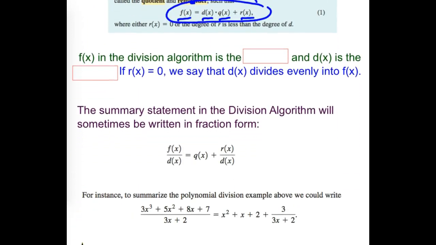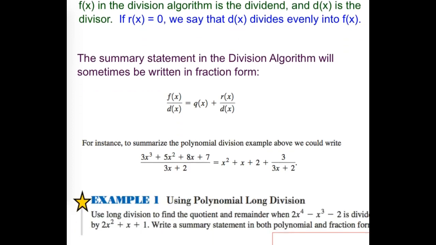All right. So it says f of x in the division algorithm is your dividend, and d of x is your divisor. If the remainder is 0, we say that d of x divides evenly into f of x. The summary statement in the division algorithm will sometimes be written in fraction form.